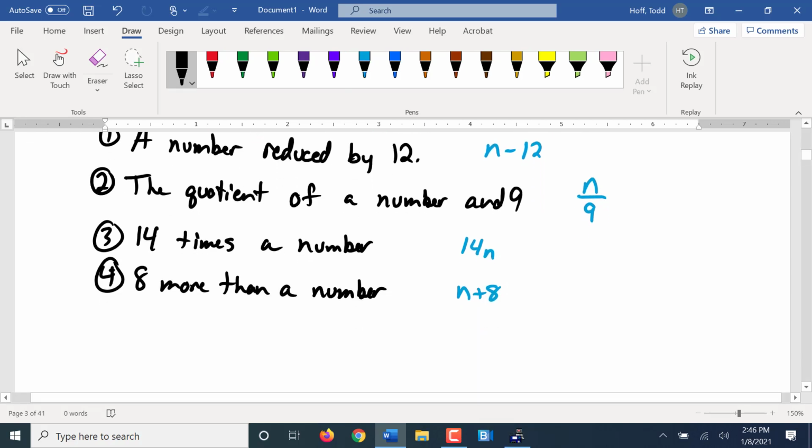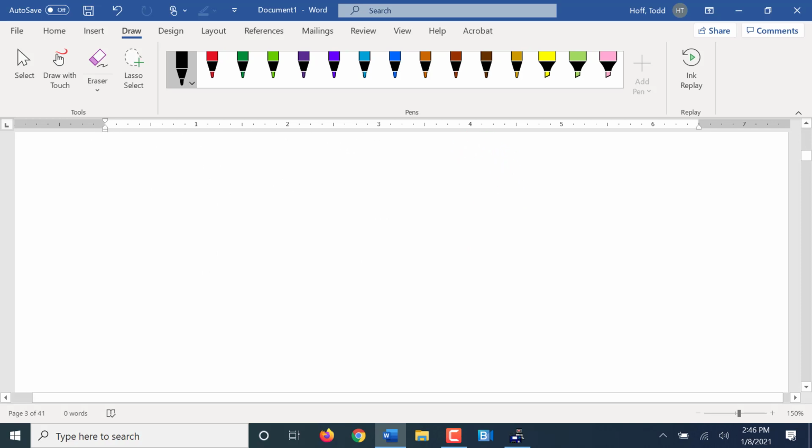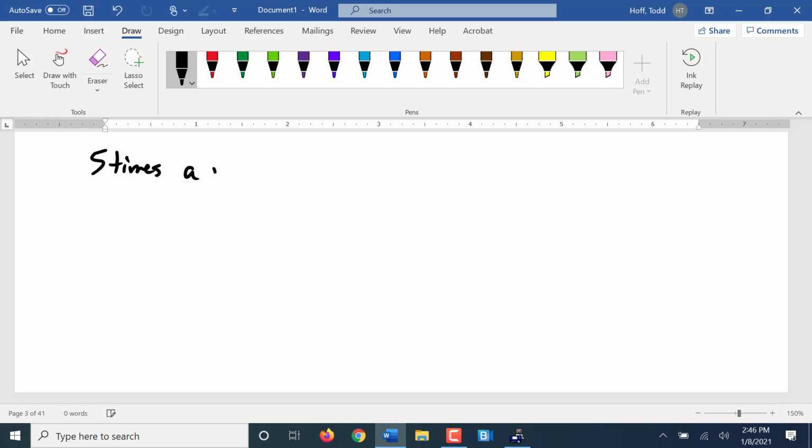Where the difficulty comes is when we start combining more than one operation. We might have 5 times a number reduced by 14.